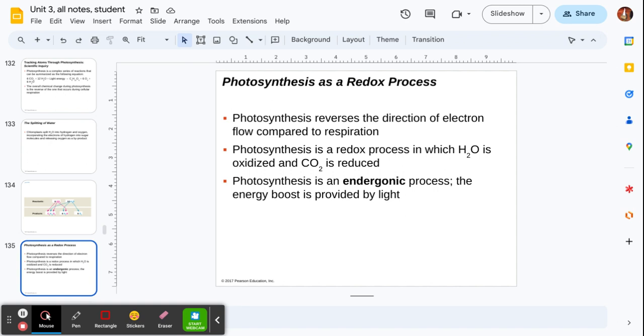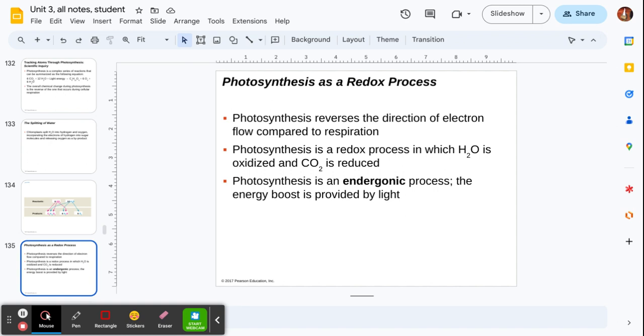Its job is to take all those high energy electrons and to store them in glucose. Glucose is food, right? Food is energy. We eat glucose. The plants use glucose. They, quote, eat it, or they use it as well. So we need to store those electrons in some form, because remember when we were talking about cell respiration, we can't just make ATP and keep ATP around.